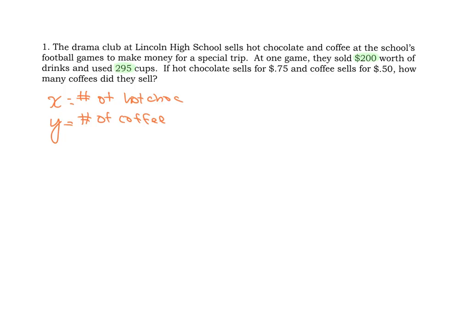So I know one equation is going to be with the numbers, and one equation is going to represent the money. So starting with the numbers, if X is the number of hot chocolates and Y is the number of coffees, the total number they sold is 295.